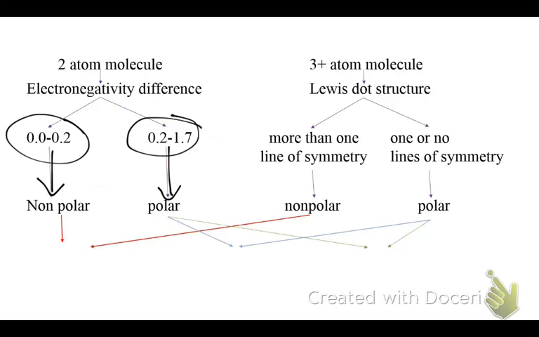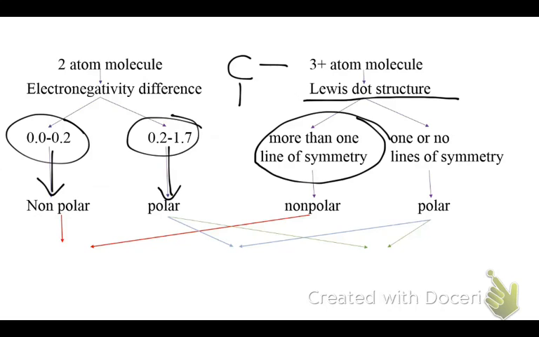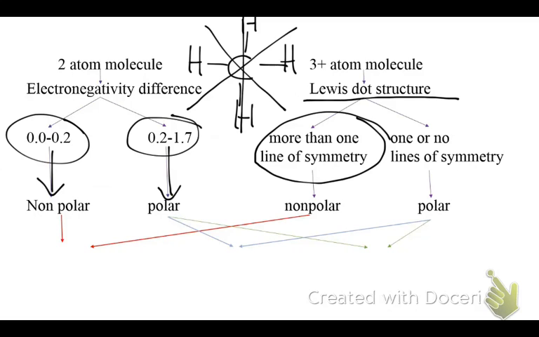If you're looking at the Lewis structure, what you're focusing on are the lines of symmetry. For example, take methane, CH4. Do you see how I not only have one line of symmetry here, I have one here and here and here? All of those different lines of symmetry.